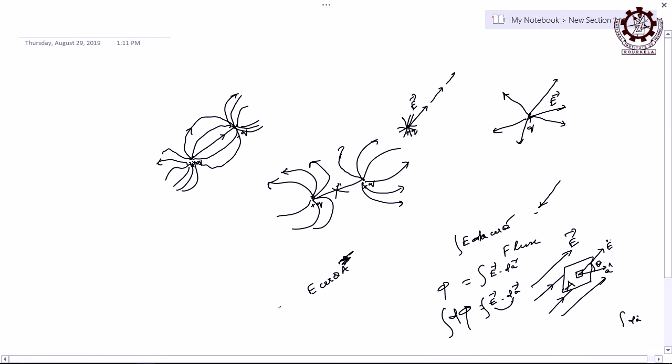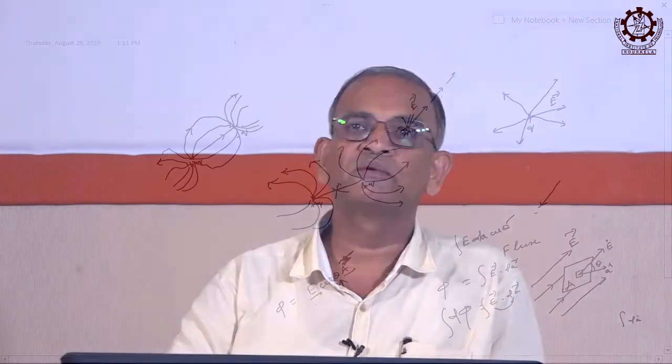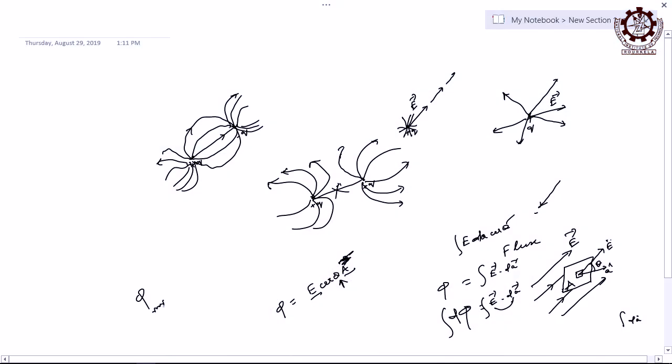Now the flux linked at that orientation of the area depends only on the factor theta, and the rest of the things are constant. This A is fixed, E is also fixed. So if the orientation changes, then the flux linkage will change. So the phi will be maximum when, and minimum when.